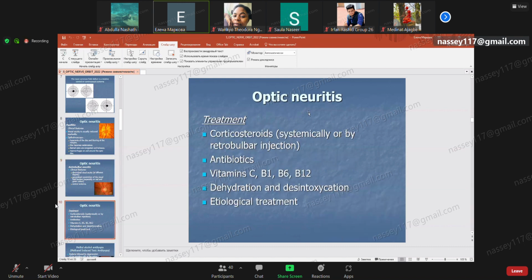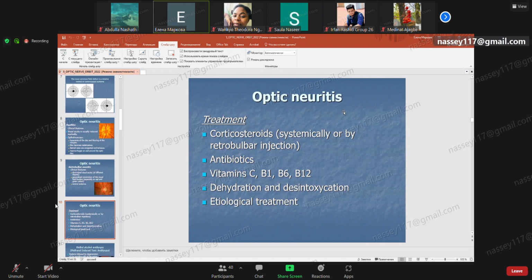Next, treatment and correction of this condition. One of the main steps in treatment of the pathology of the optic nerve is the use of corticosteroids. We can use corticosteroids systemically or locally.